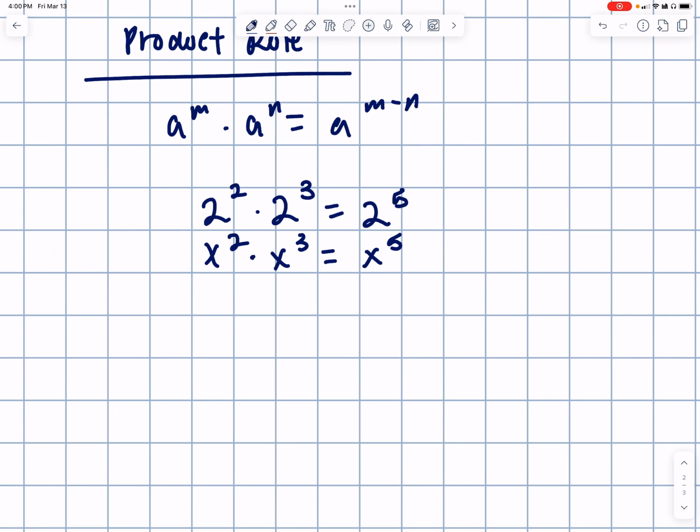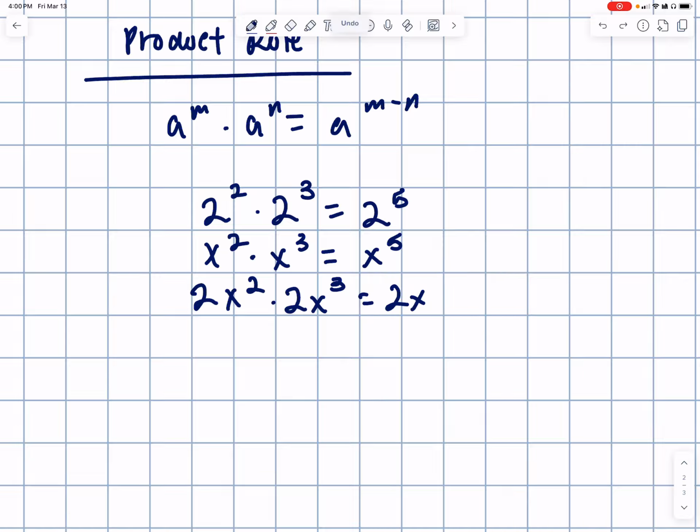Okay, now we're going to combine the two, where it's 2x to the second times 2x to the third. I don't want you to think, well, they're both 2x, so then it's going to be 2x to the fifth. That is incorrect, okay? Sad face. No, that's not what it means.